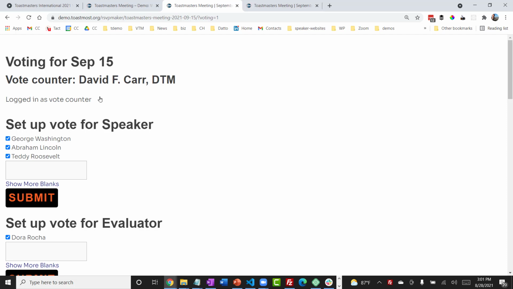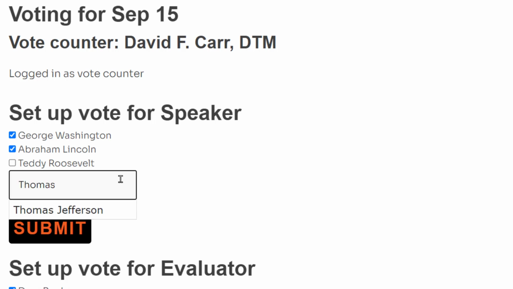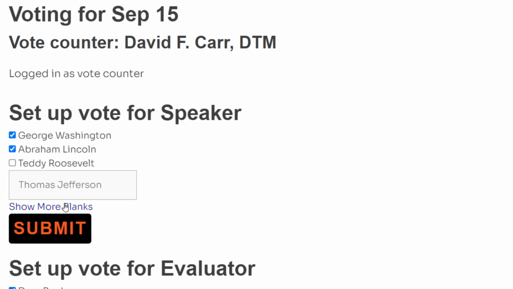And the system actually pulls in the names of people who were signed up on the agenda to speak. So I don't have to type those in. But if maybe Teddy didn't make it to the meeting and somebody else is going to be one of this week's speakers, I can add more names.